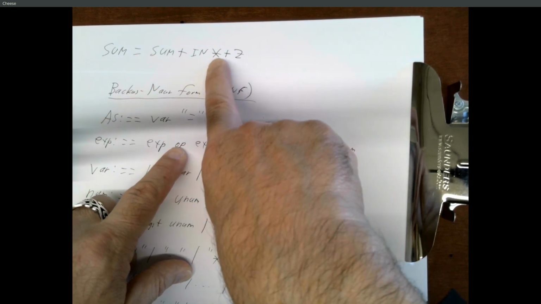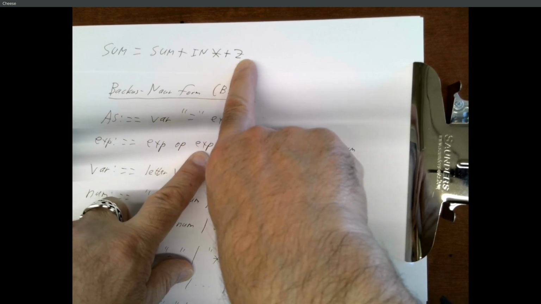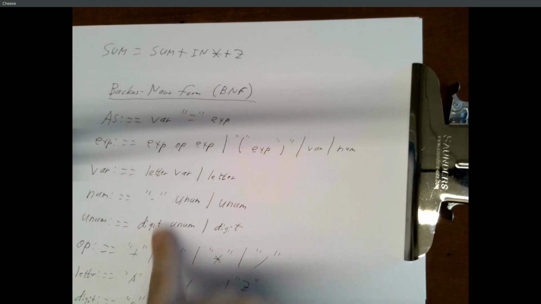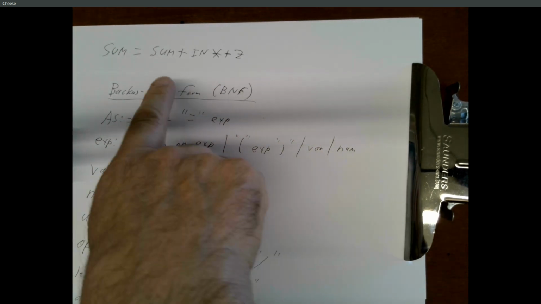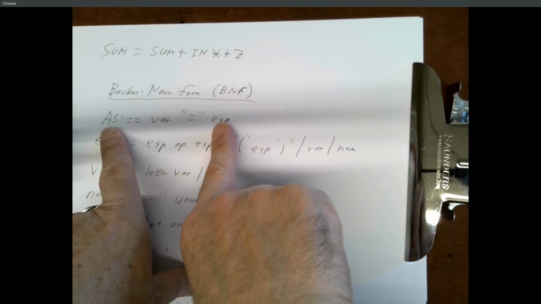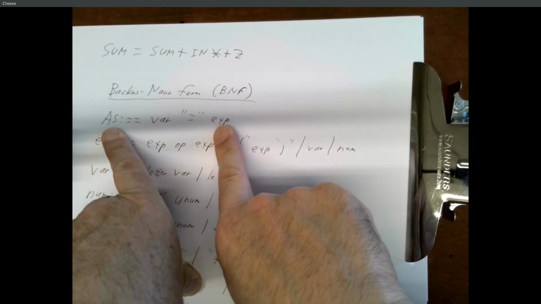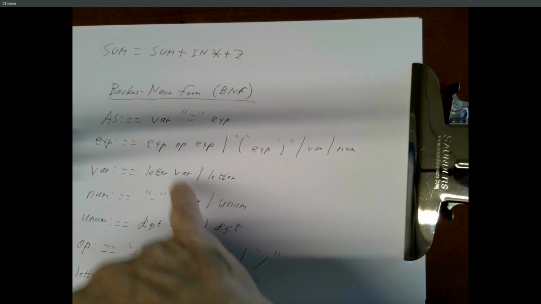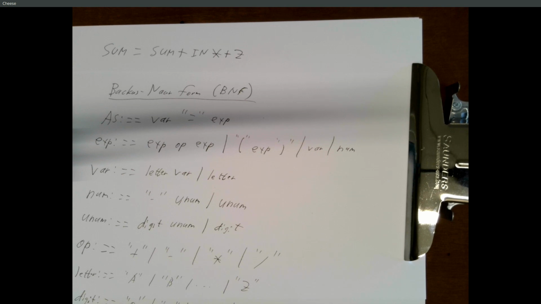It could say star is an op, but then plus z would not be an expression. And no matter how it tries, none of these descriptions of an expression is going to match this whole thing over here. And so this string will not match an arithmetic assignment statement. So the parser would come back and say, no, that's not consistent with the BNF for an assignment statement.